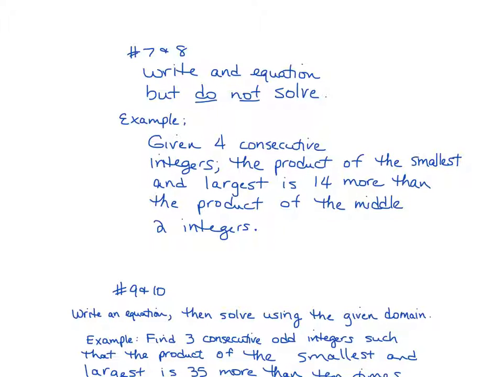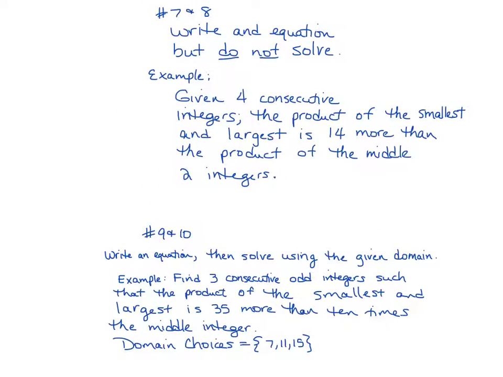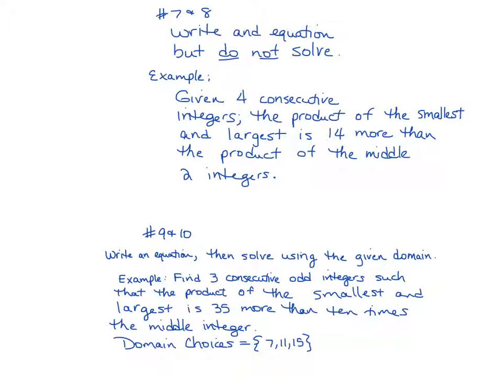So, for example, we're going to be given 4 consecutive integers. And remember, when we set up our equations and we're writing consecutive integer questions, my first integer is x. My second one is x plus 1. My third integer will be x plus 2.